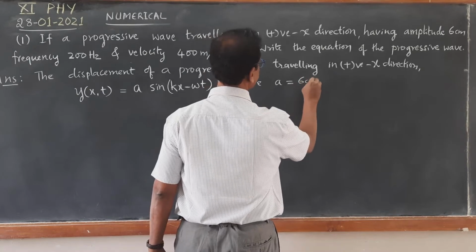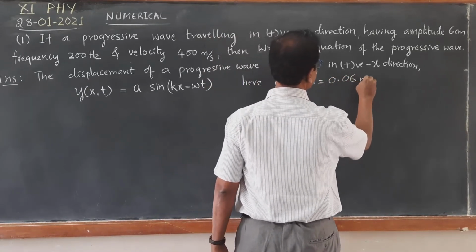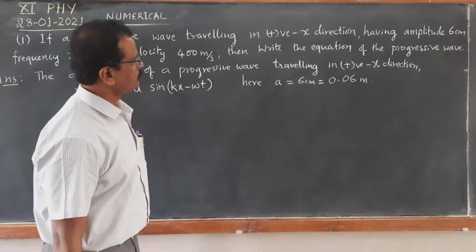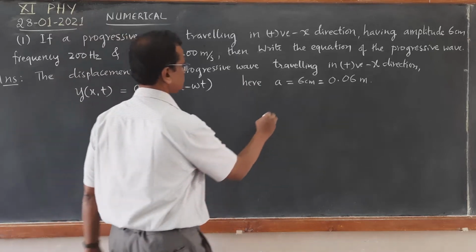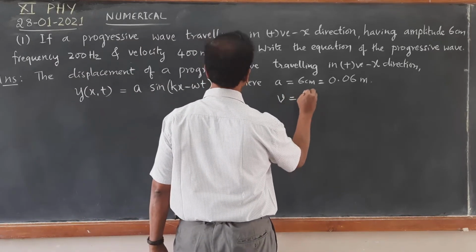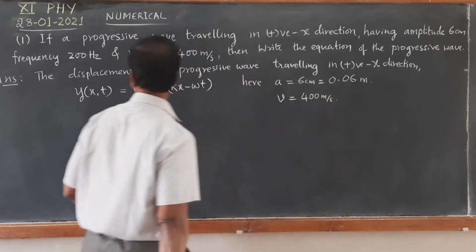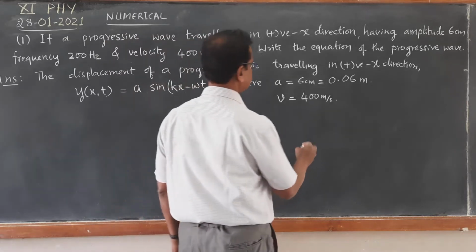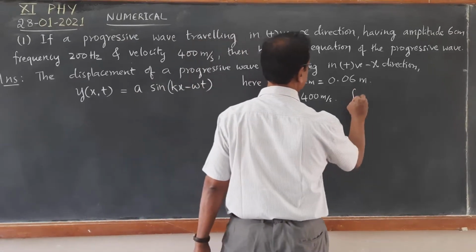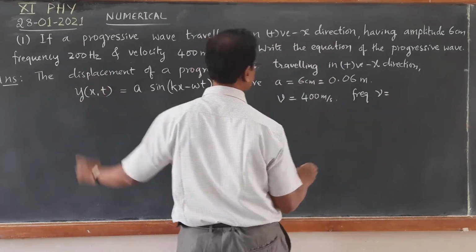Amplitude 6 centimeter is equal to 0.06 meter in SI units. Then velocity is given, 400 meter per second. Then frequency is given: frequency nu is equal to 200 hertz.